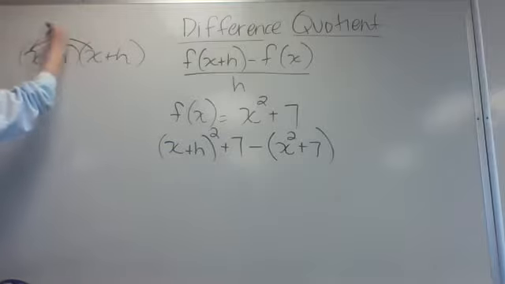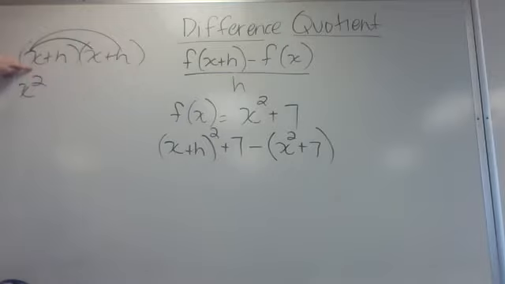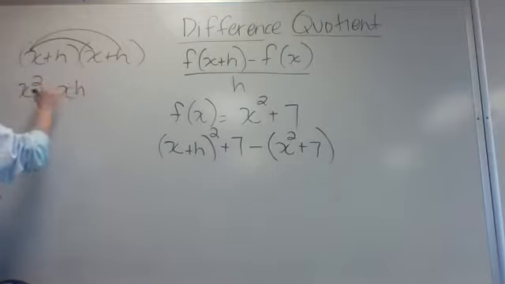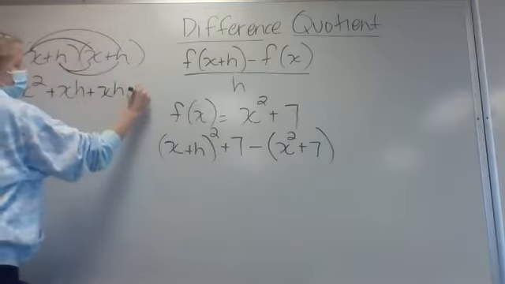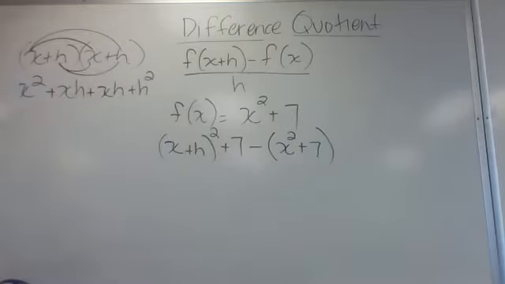So my first x times x is x squared. My outer x times h is xh. My inner h times x is another xh. And my last h times h is h squared. How many xh's do you have? 2.